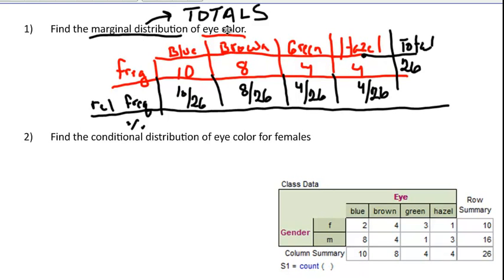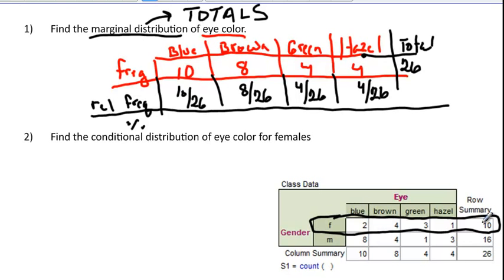We are interested in female students, so we're only interested in this row of the contingency table. Basically, the row that I highlighted has given us our conditional distribution.